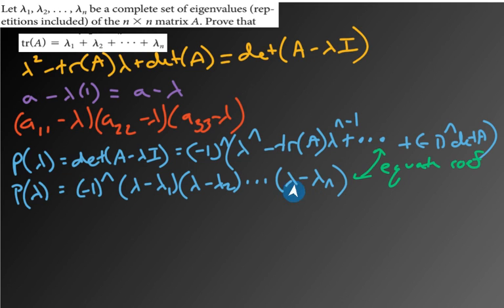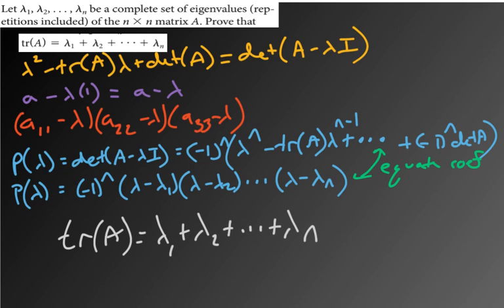But it really just has to do with how we compute determinants and how when we do the cofactor expansion, we're basically multiplying on the diagonal, and it pops up because of that at its core. But if you equate coefficients with the lambda n minus 1 term, you really would see that the trace of A here is actually going to be lambda 1 plus lambda 2 plus and so on, plus lambda n.